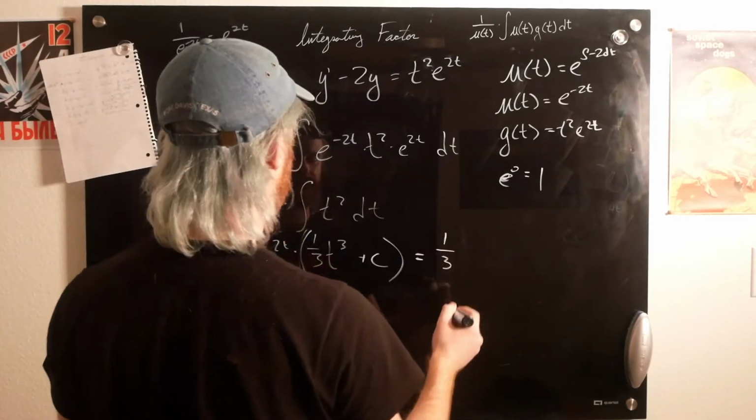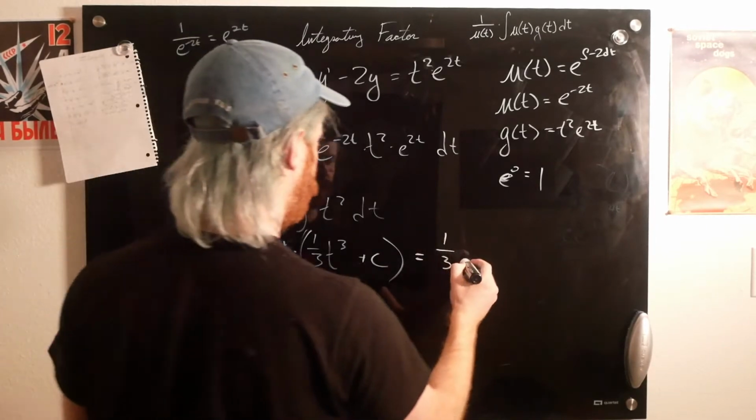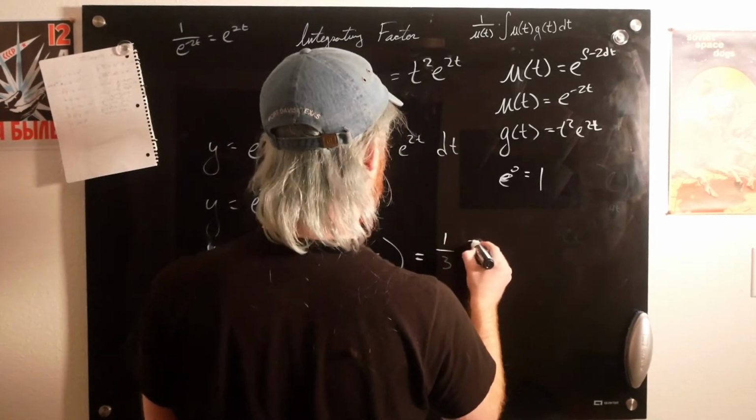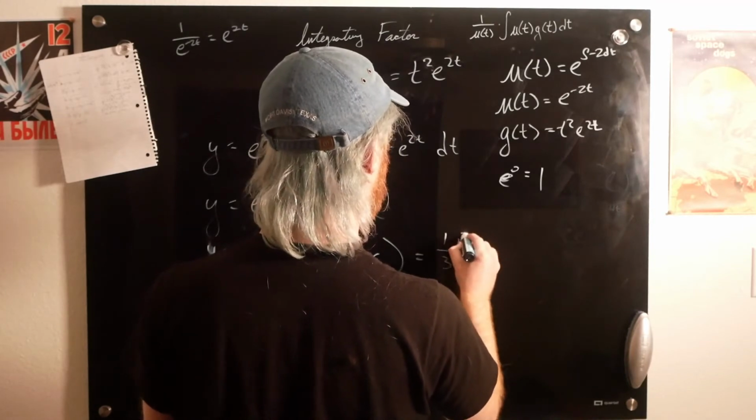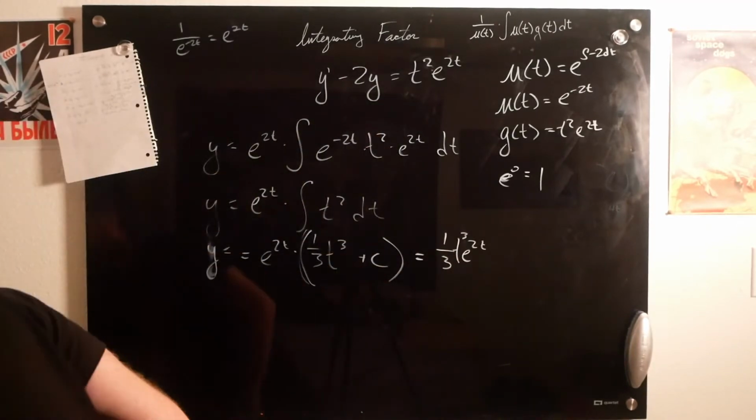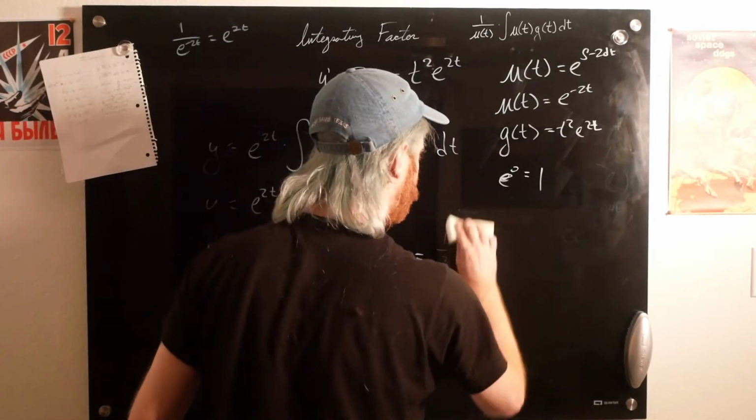I guess you don't really have to, but I like to do it. E to the 2t, put the t term first, just to make it neat.